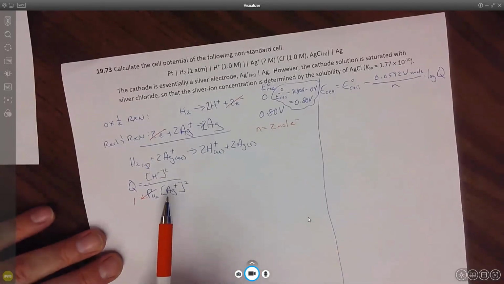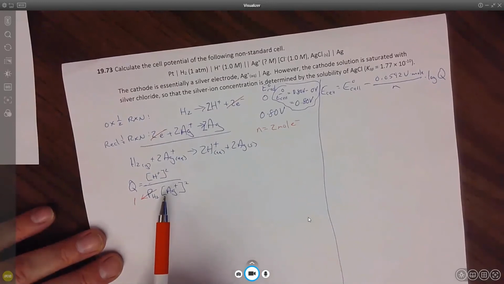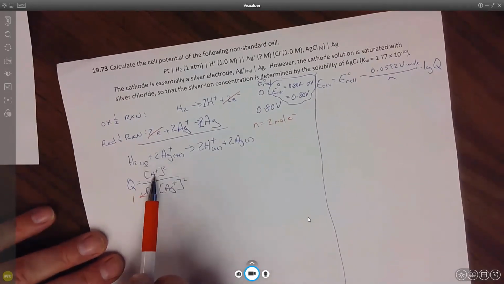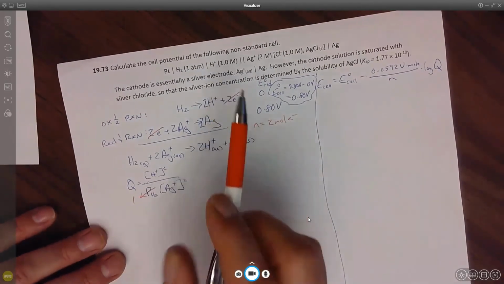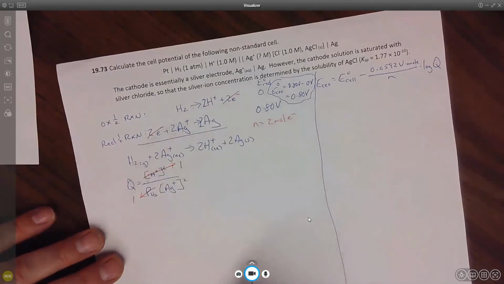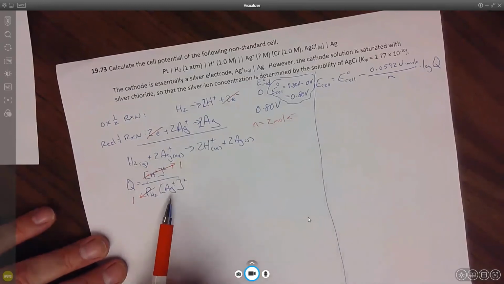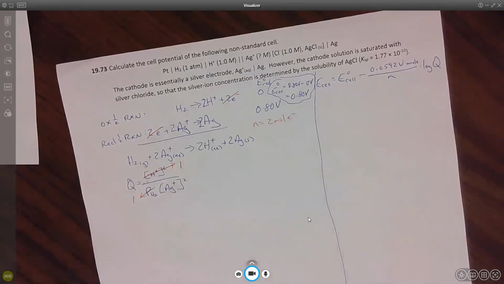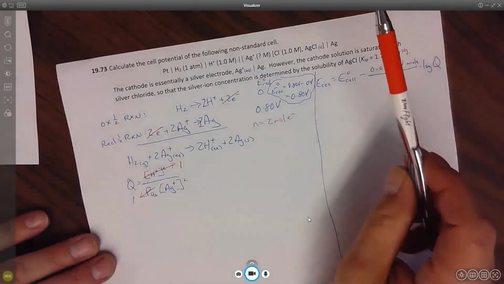We're looking for the cell potential. So we know that this is 1 molar. It told us that this was 1 molar. So this is just going to go to 1 as well. But we're going to need the silver ion concentration. How are we going to get that? Well, it already tells you right in the problem.